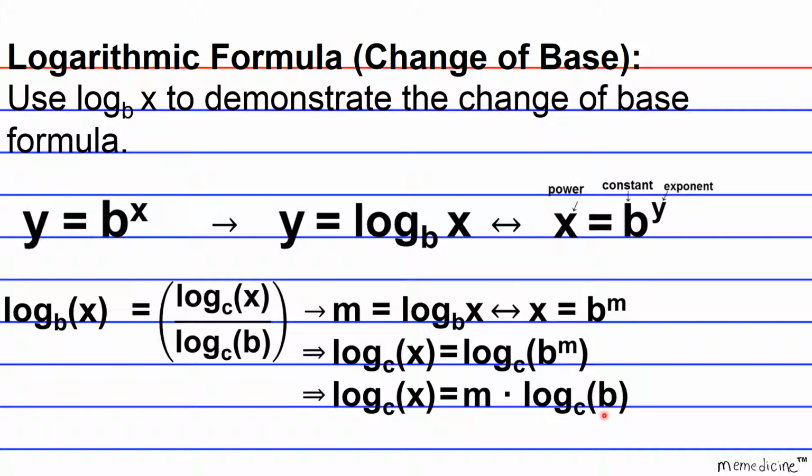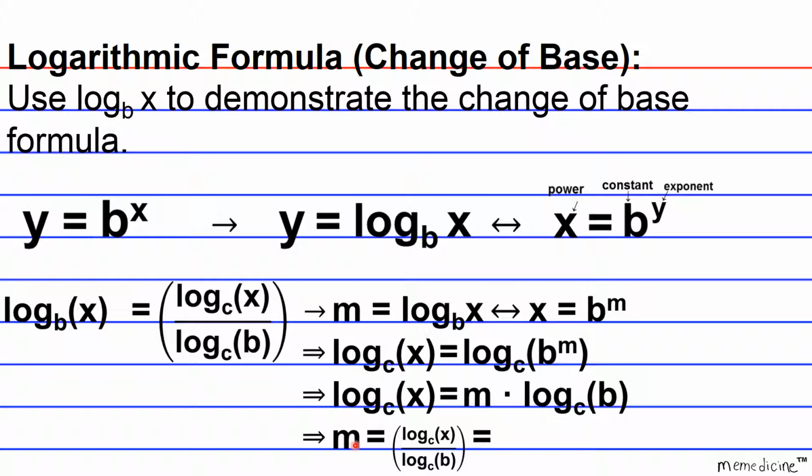All right, so now what we can do is basically simplify this by solving for m. And we can do this by dividing both sides of the equation by the log base c of b. So m is equivalent to the log base c of x here divided by the log base c of b. Okay, and what we now have is the right-hand side of our starting concept, which is going to be equivalent to m.